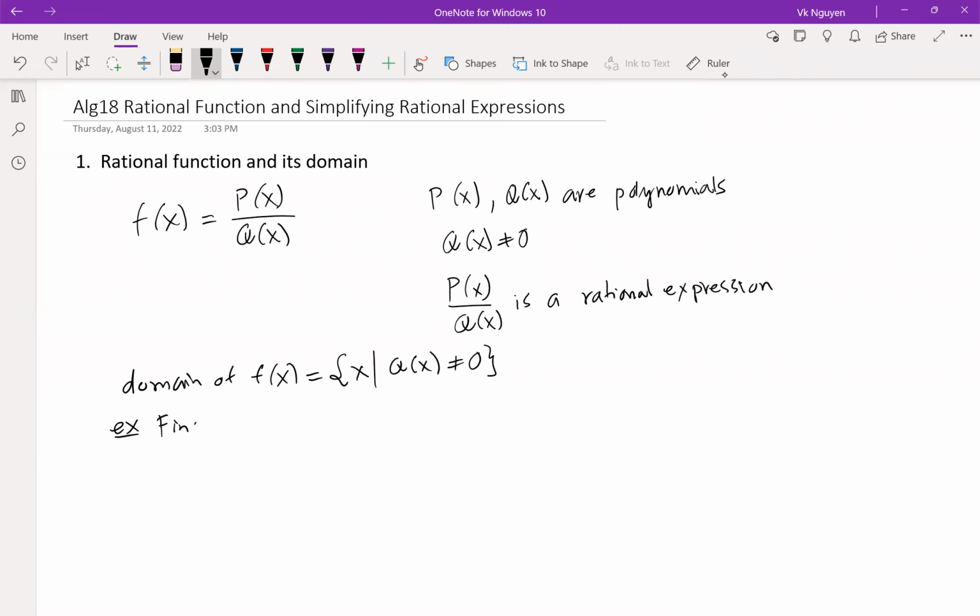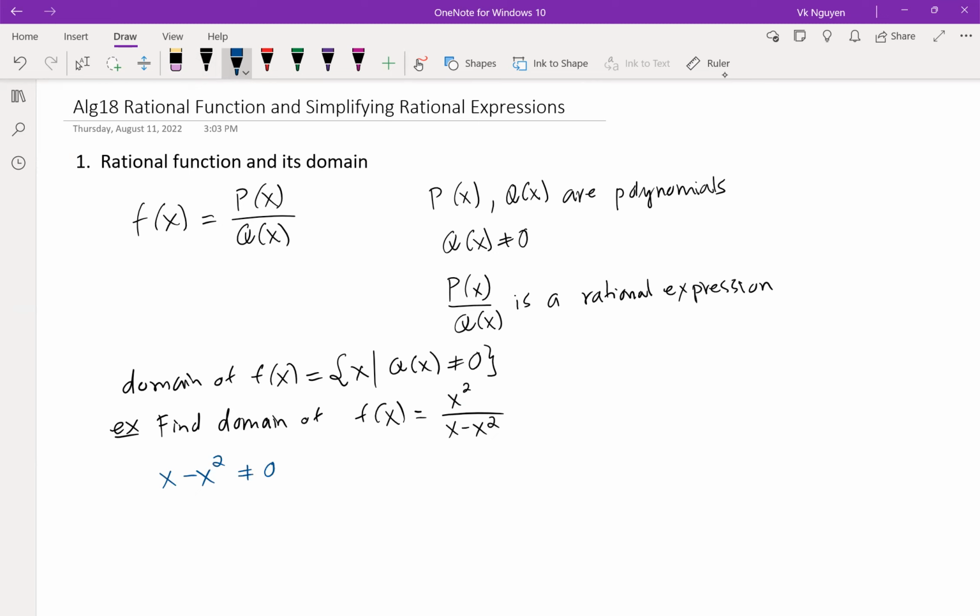Example: find the domain of f(x) equals x squared over x minus x squared. Well, the denominator is non-zero, so we set x minus x squared to be non-zero.